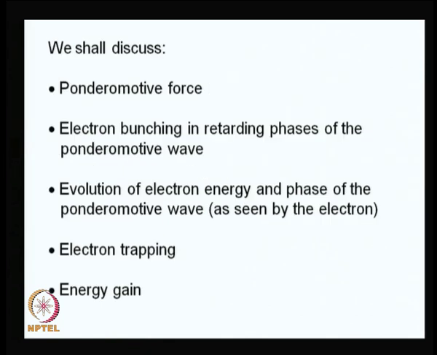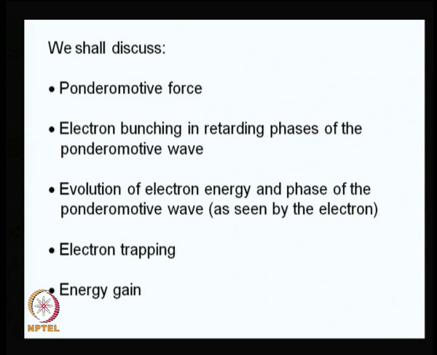We shall discuss the following issues: the ponderomotive force that is exerted by the Wiggler magnetic field and the radiation signal on the electrons, and that causes bunching of the electrons in the retarding phases of the ponderomotive wave.